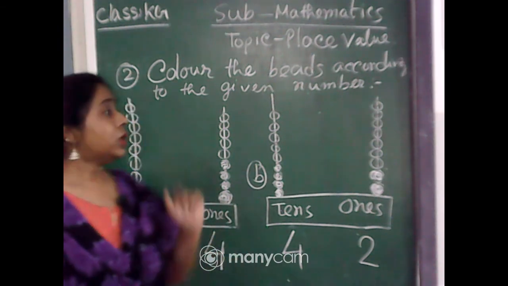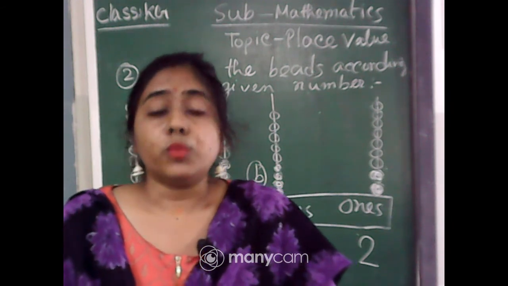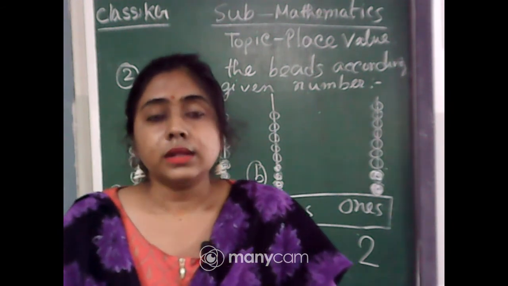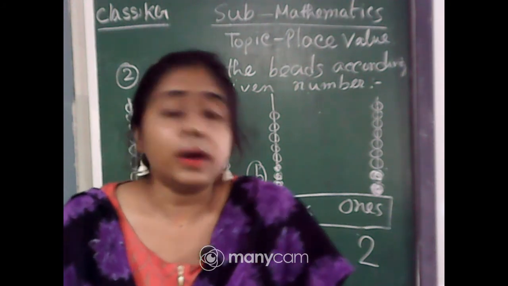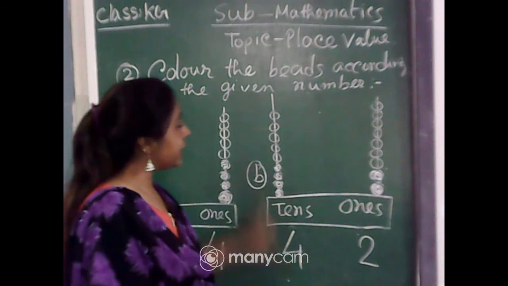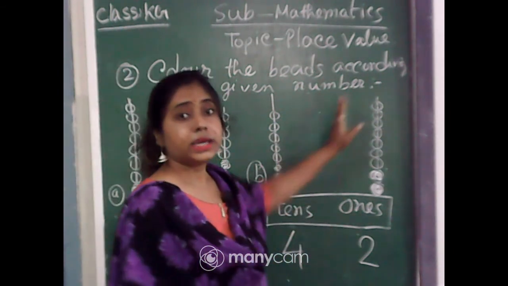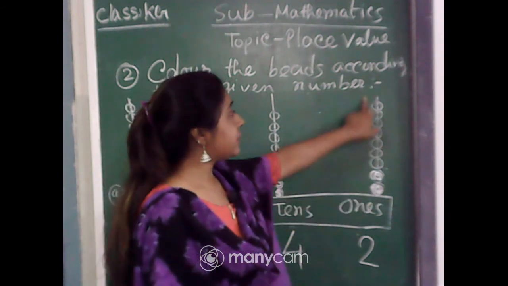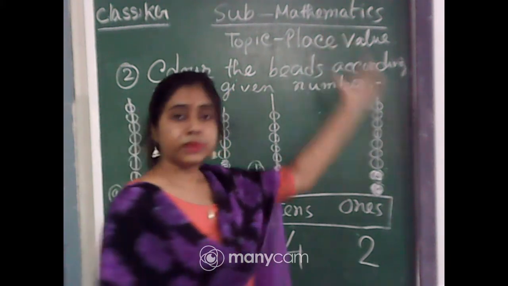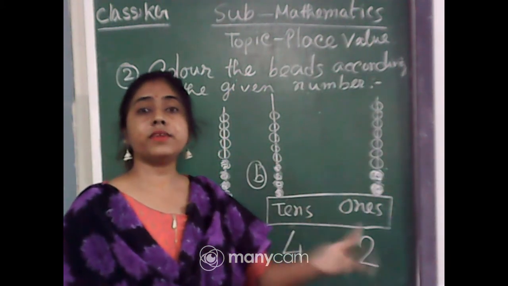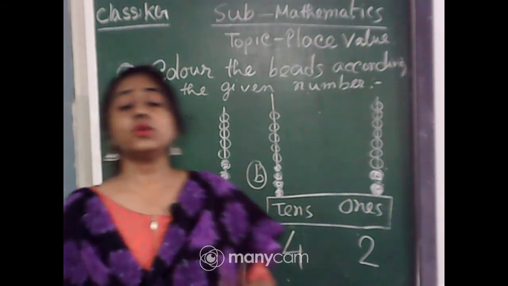Okay. So now you can understand what most of the students are doing in the worksheets. You make this abacus system, and in each rod you have drawn, someone has given 10 beads, someone has given 11 beads, someone has given 8 beads, 13 beads. No, that is wrong.